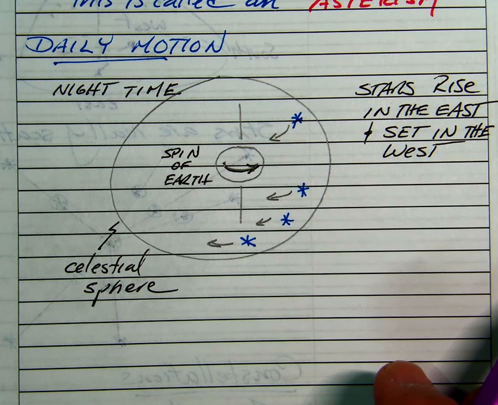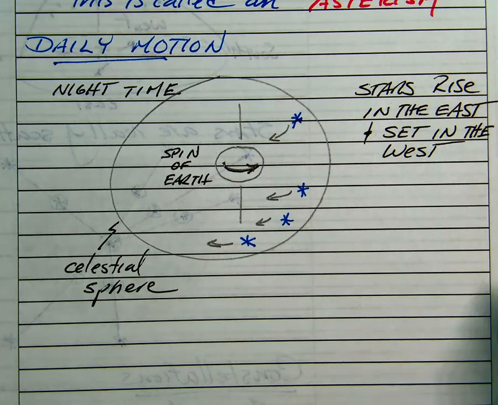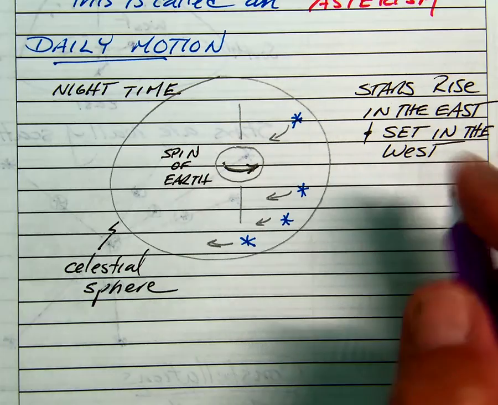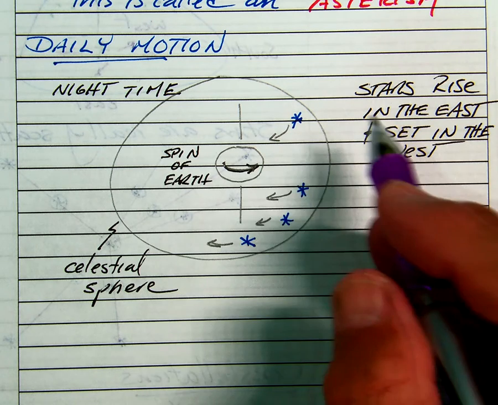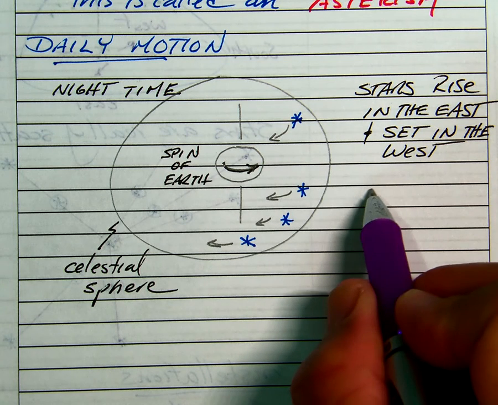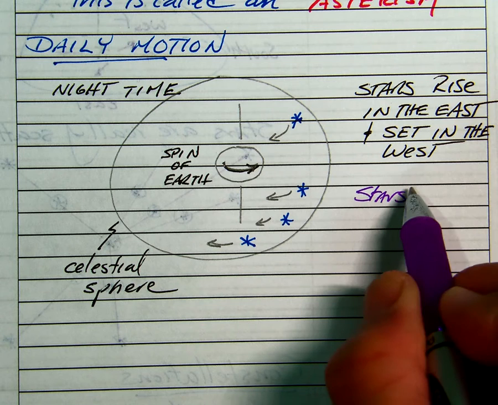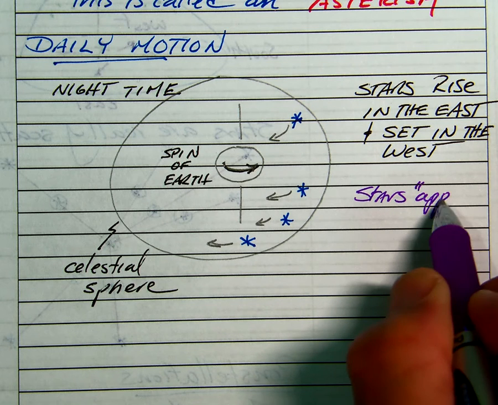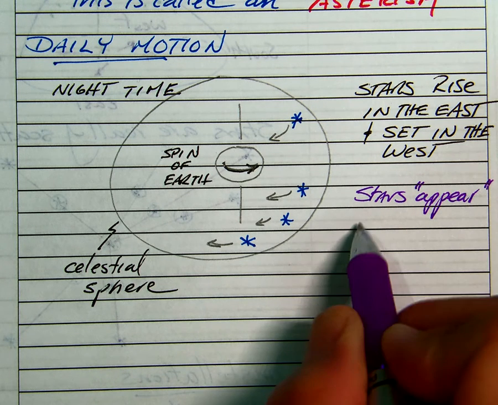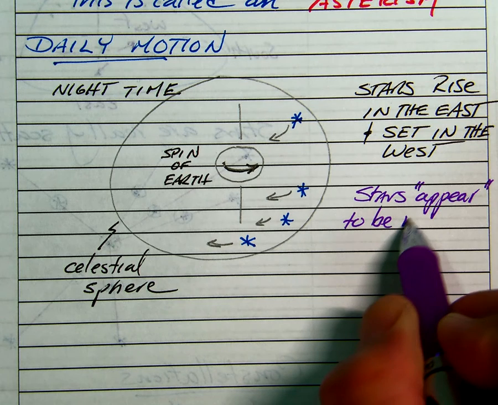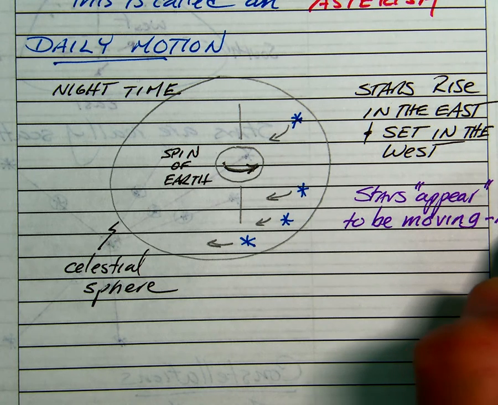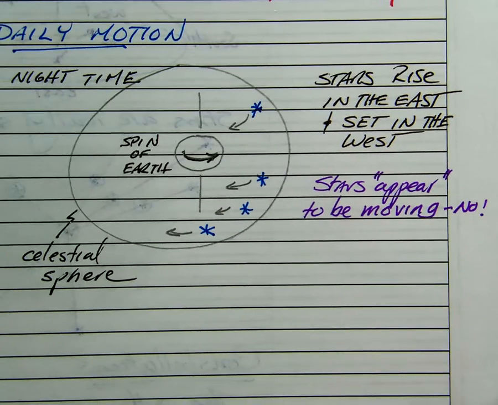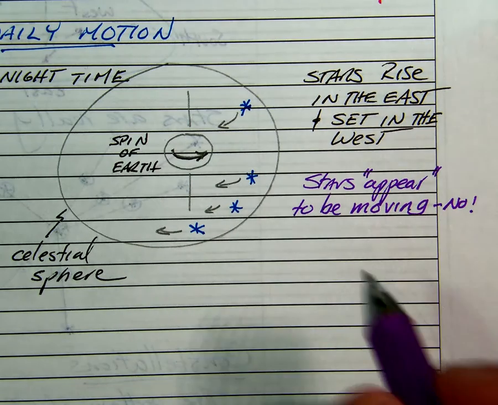The answer is no, they're not. It's just the Earth that's spinning. So as a comment here, when you look at this diagram, it looks like the stars are moving, rising in the east and setting in the west. The appearance is that stars appear to be moving. No, it's a no. It is the Earth that's spinning.